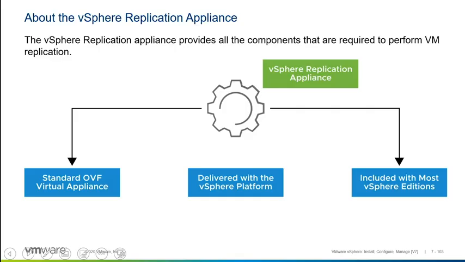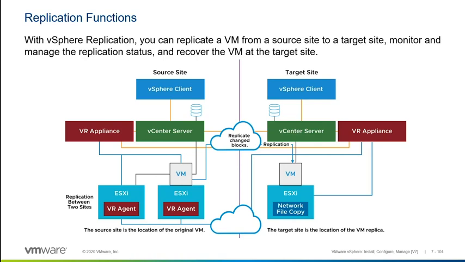The appliance comes to us in the form of a standard OVF-based virtual appliance delivered with the vSphere platform and included in all but the absolute essentials license. So with your standard license, your Enterprise Plus license, your Essentials Plus license, all of those licenses give us the ability to download and install and utilize this vSphere replication appliance.